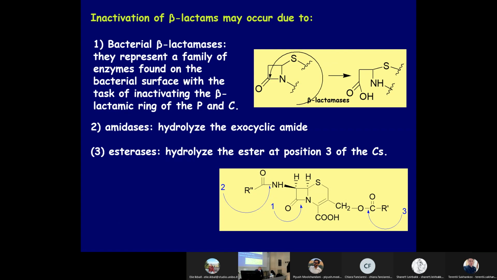But why are there some strains resistant to this type of antibiotics? Because there are three different ways of inactivation of these two families, penicillins and cephalosporins. The first one is due to the presence of beta-lactamases.